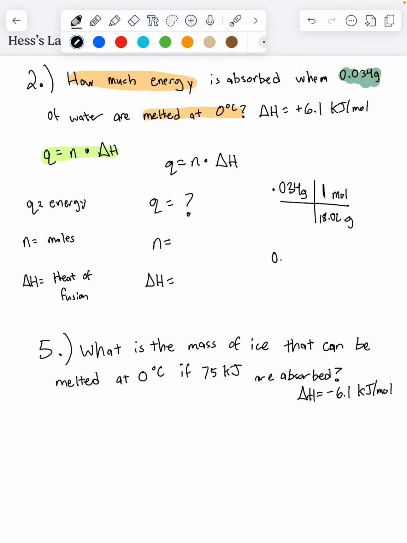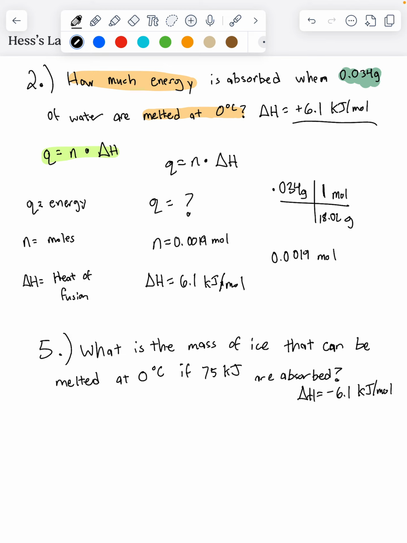When you type that into a calculator, you get a very, very small number. You get 0.0019 moles. That's what I got. So we're going to plug that into our N value, 0.0019 moles, and our change of H, it lists up top, is 6.1 kilojoules per mole.